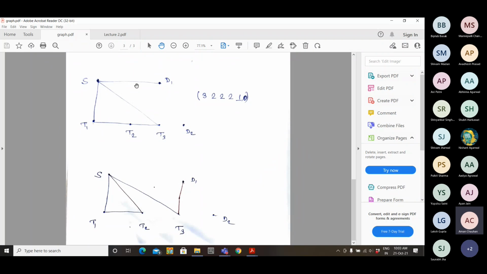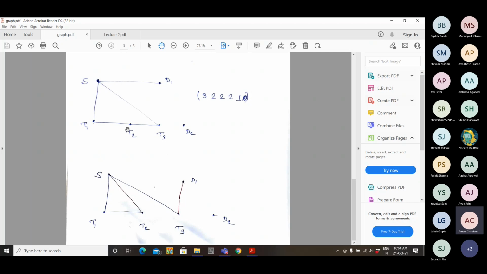So how do we handle such cases to get a graph with the same degree sequence but S is adjacent to T1, T2, T3? We simply remove the edges S D1 and T2 T3.